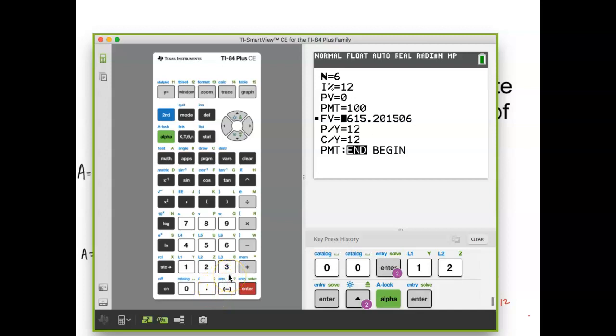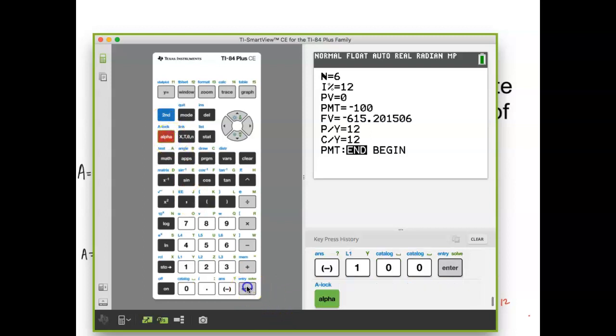And that'll solve it. Okay, so this is coming out as negative 615.20. And here's the reason. Anytime you're taking money out of your pocket, you should really enter it as negative. So my payments are money that I'm taking out of my paycheck to put into my savings account. So really, instead of positive 100, I should enter it as negative 100.